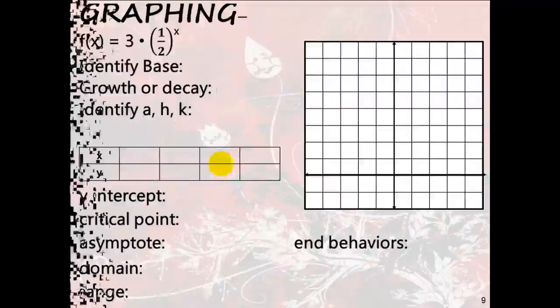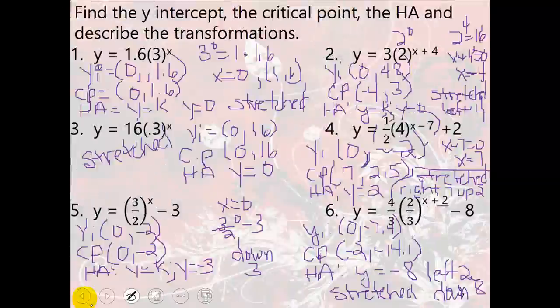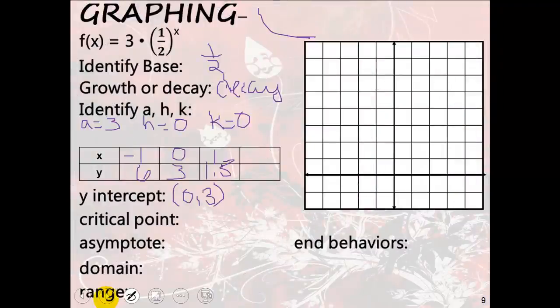You can write a decimal if you want. And then if I plug in a 2, I'm going to get 1/2 squared. That's a fourth. You can plug that into your calculator. And 3 times a fourth, well, that's 0.75.